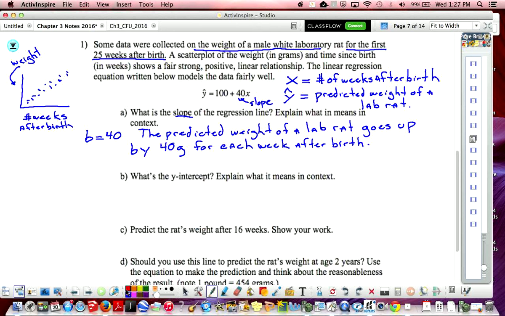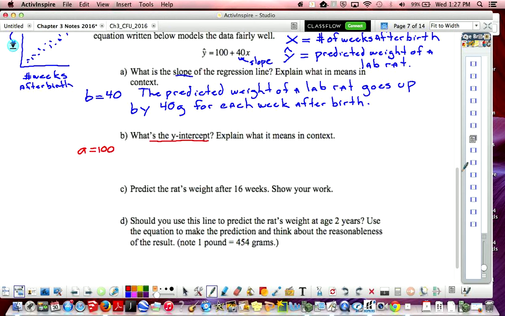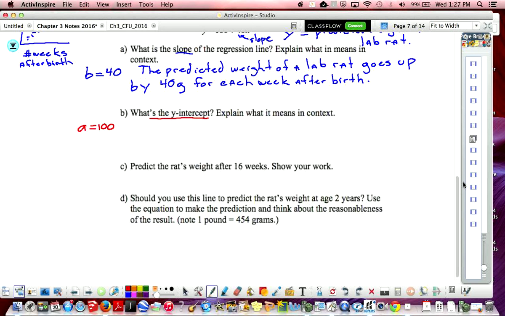All right, what is the y-intercept? The a value is 100. So the y-intercept is when x is 0, y is 100. Well, what does it mean in this context if x is 0? How old would the rat be? It wouldn't be dead, it would just have been born.